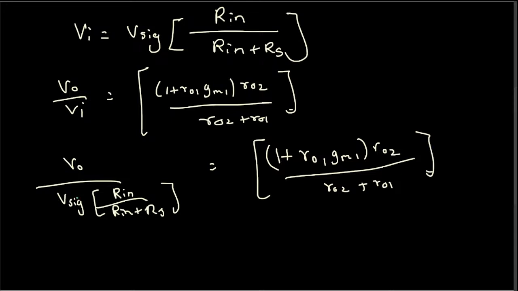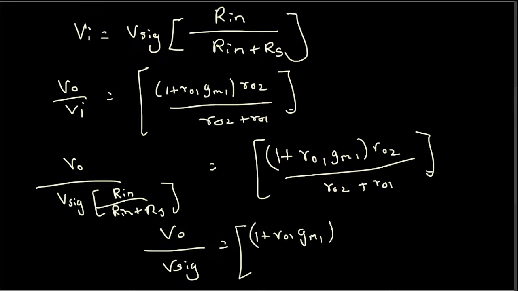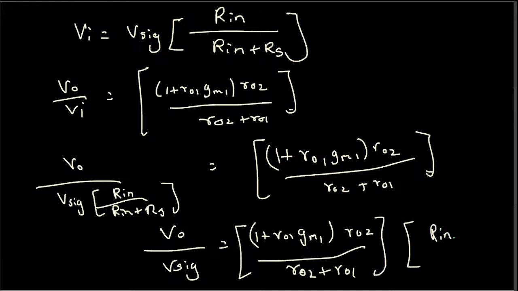Now we bring this voltage divider term to the other side and multiply. So VO over vsig becomes 1 plus RO1 GM1 times RO2 divided by RO2 plus RO1, multiplied by Rin over Rin plus Rs.